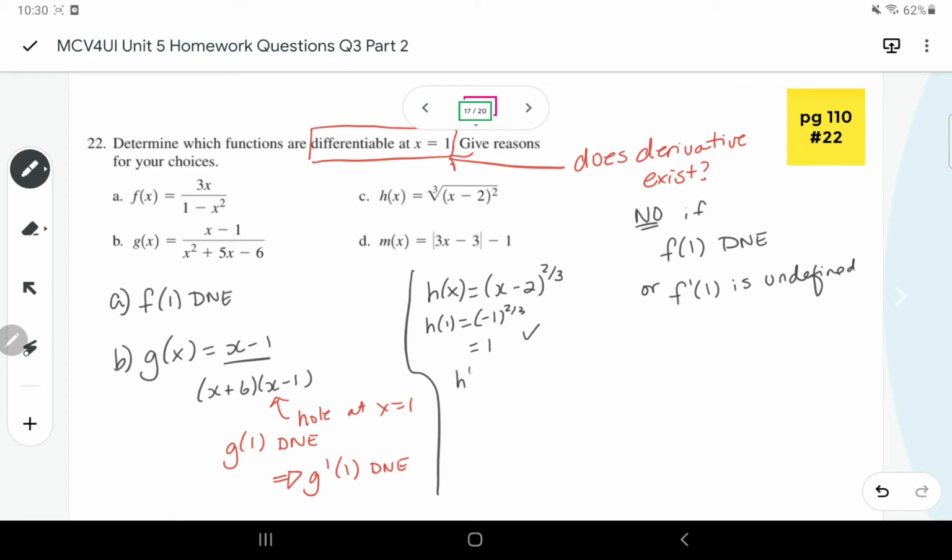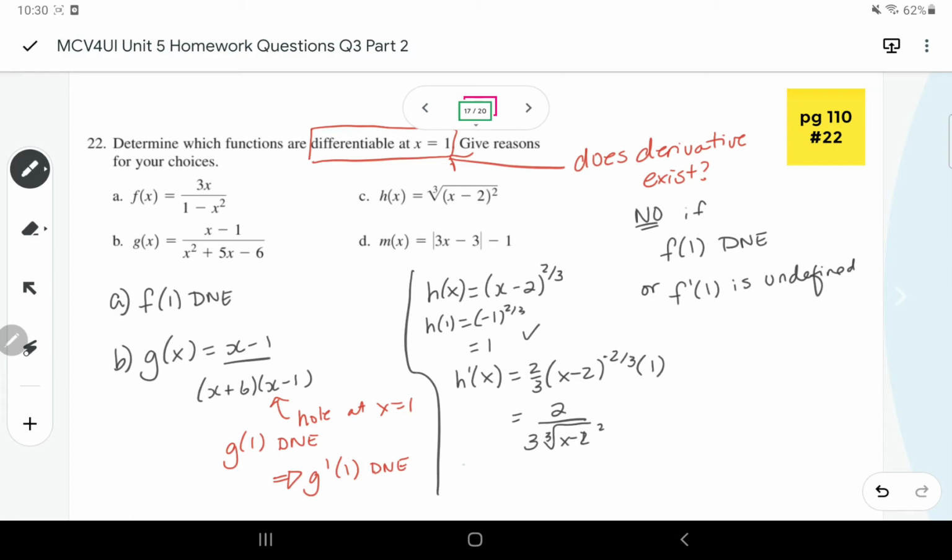Let's try taking the derivative. So h prime at x would be 2/3 times x minus 2 to the exponent negative 2/3, times the derivative of the stuff inside, which is just 1. So that is 2 over 3 times the cubed root of x minus 2 squared.